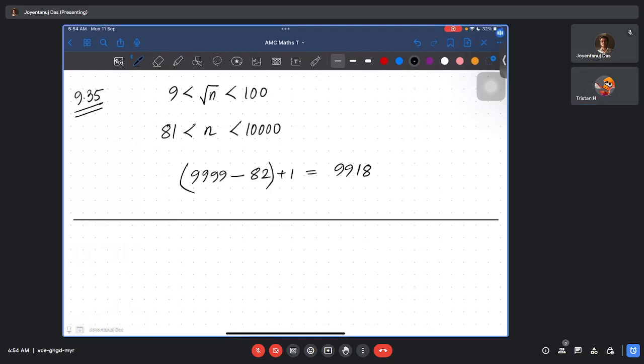Okay. So 9.36, they are saying is 13 by 17 bigger or 17 by 21?